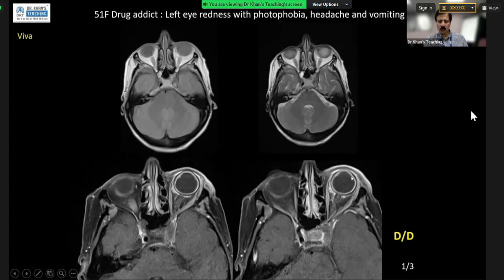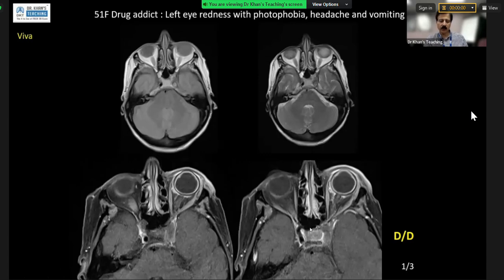Now, if you see, the whole of this is enhancing. So this is the sclera, which is the outer membrane. Then the choroid, the whole of the choroid is enhancing. It goes anteriorly also. And then there is myositis and the muscles are enhancing. If you see the orbital fat, it is enhancing.